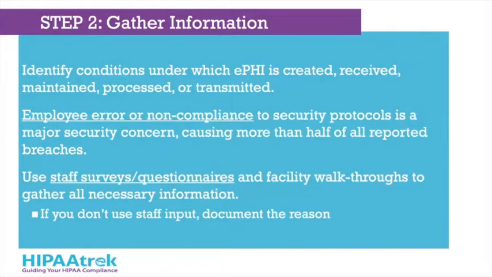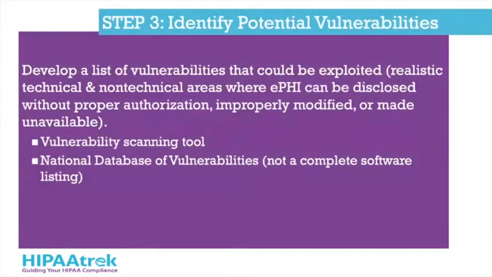You also can use a survey for a facility walkthrough. It's a nice little checklist to make sure that everything is where it's supposed to be, and you can mark your observations down on that checklist, and it helps you to document everything. So gathering the information, the most effective way is through questionnaires and surveys.